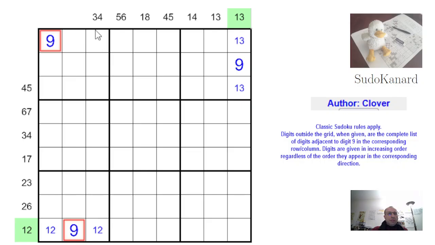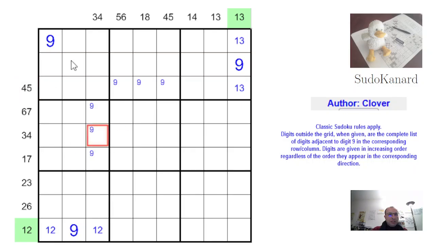Looking at those, we can see that in this column 9 will be somewhere in here, surrounded by 3 and 4. And on this row, 9 will be somewhere here, surrounded by 4 and 5.